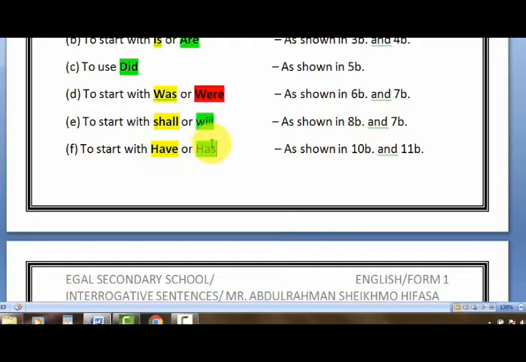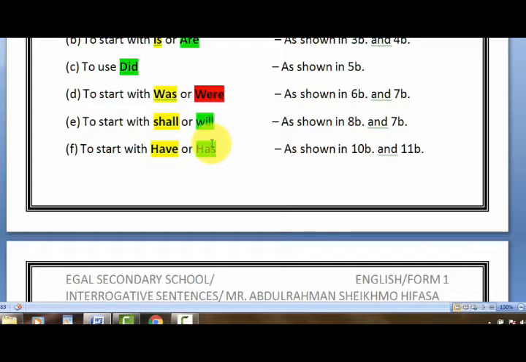You are just interchanging the subject and the verb that comes after the subject, maybe a verb to be, or has or have. You just remove that one and bring it first and the subject second. So don't mix the sentence, please. You are just dealing with two things.